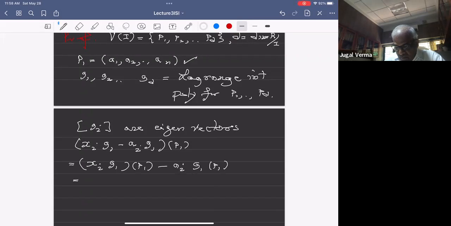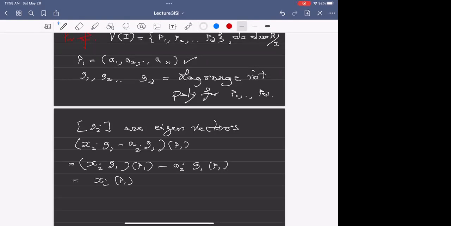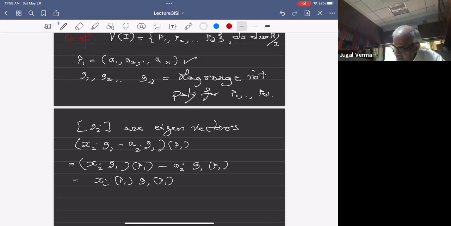Can you tell me what it is? G1 evaluated at p1 is 1, and x_i of p1 is the ith coordinate of p1, which is a_i, so this is 0.